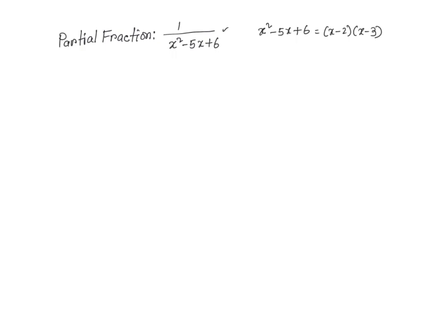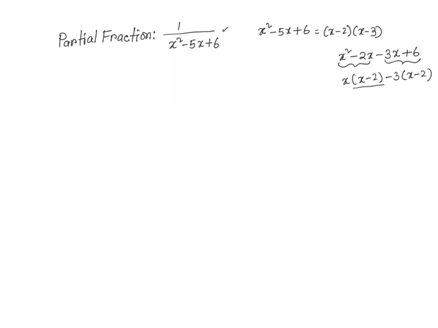In case you have forgotten or are rusty about it, just as a side note, I could write negative 5x as negative 2x, negative 3x plus 6. Then I could factor out an x from these two. That's going to give me x minus 2. Then between these two, I could factor out a negative 3. That's going to give me x minus 2.